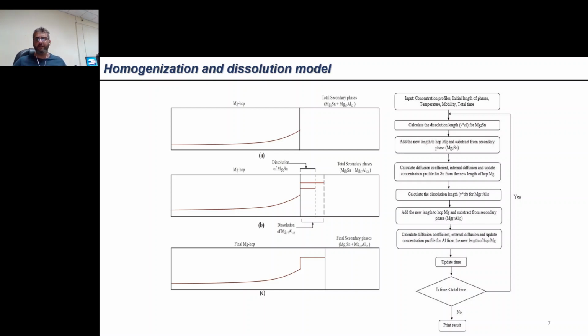In this case, we start with the dissolution of Mg2Sn. We calculate how much tin is dissolved, we redistribute that tin in the HCP phase, and in the second stage we dissolve Mg17Al12 and redistribute aluminum as well, and we continue this process for a given period of time.